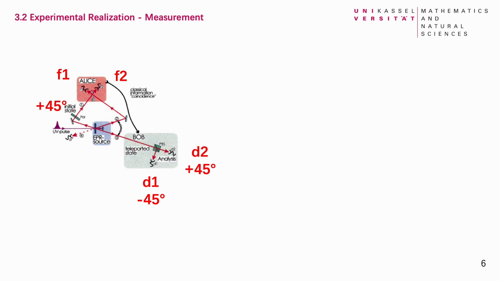Let's see how to verify the quantum teleportation in the experiment. Photon 1 is polarized at 45 degrees. Photon 3's polarization is analyzed using a polarizing beam splitter, which selects 45 degrees and minus 45 degrees.